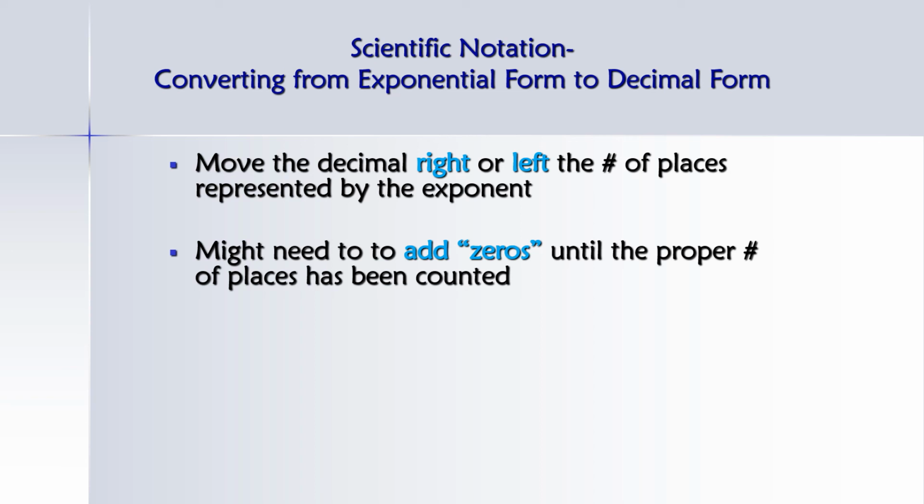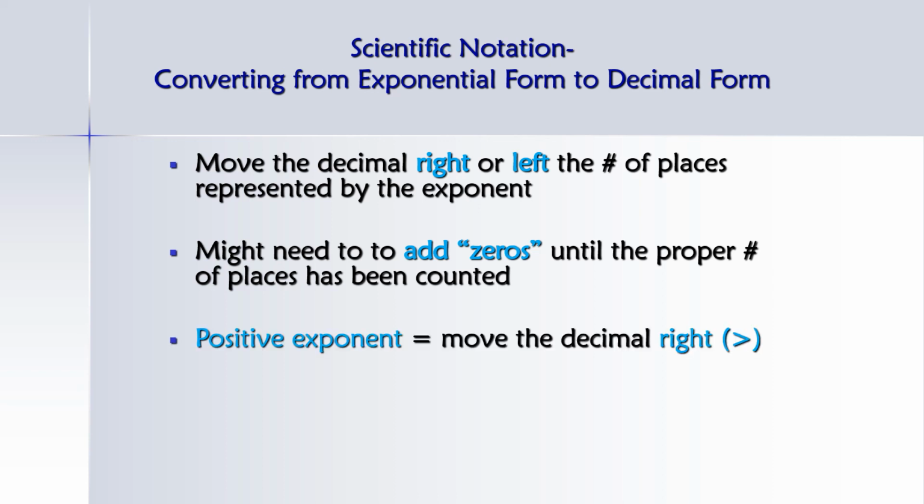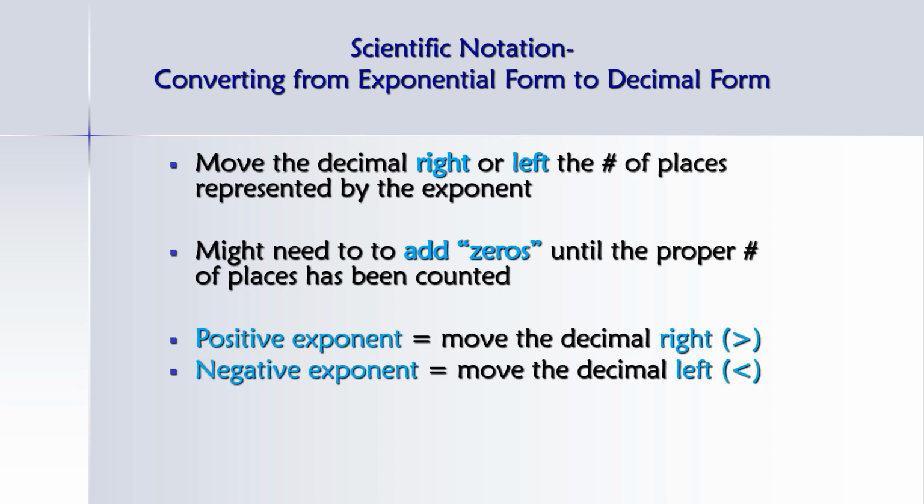But you have to make sure that after you move the decimal, you add zeros to fill in those spaces where you have moved your decimal. I'll show you guys in just a second what that means. Just remember that if you have a positive exponent, you'll have to move the decimal to the right. And if you have a negative exponent, you'll have to move the decimal to the left to bring it to the original number. Okay? So make sure you guys remember that.